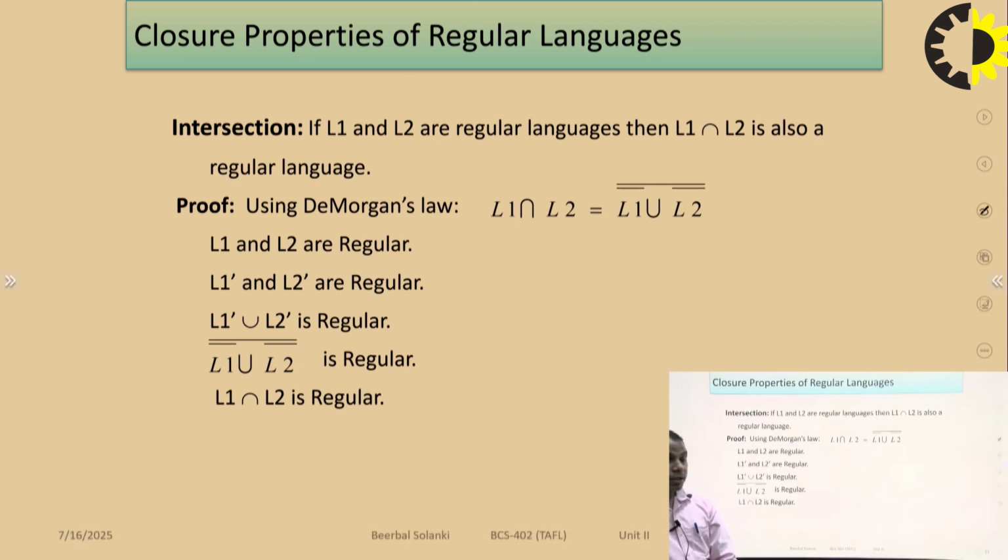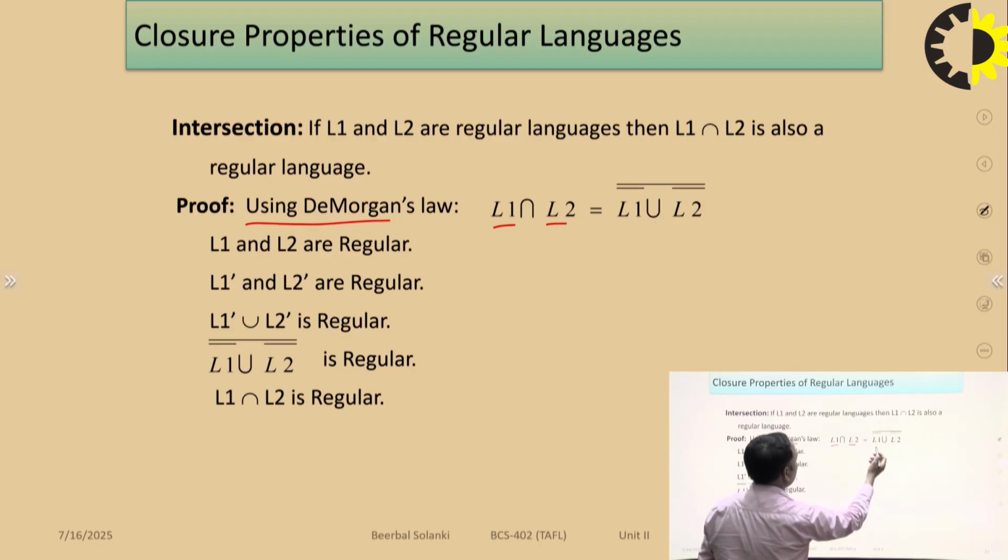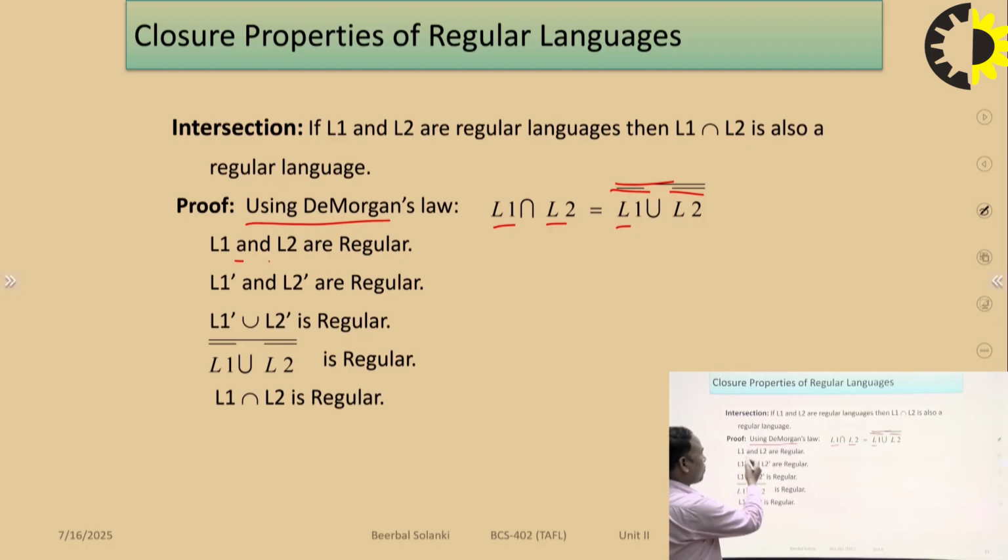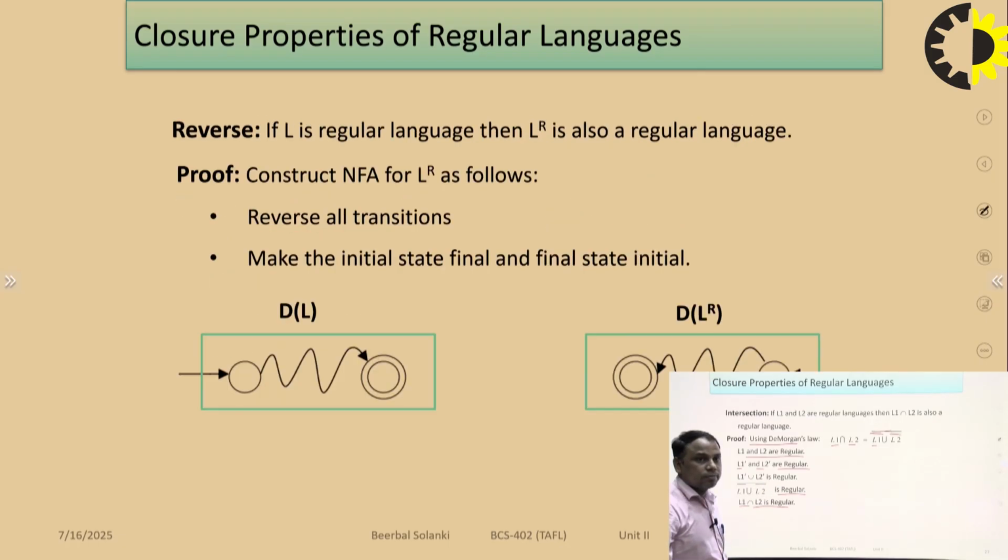By De Morgan's law, L1 intersection L2 equals the complement of L1 complement union L2 complement. L1 and L2 are regular, so L1 dash and L2 dash are regular, and L1 dash union L2 dash is regular, and the whole complement is regular. So L1 intersection L2 is regular.